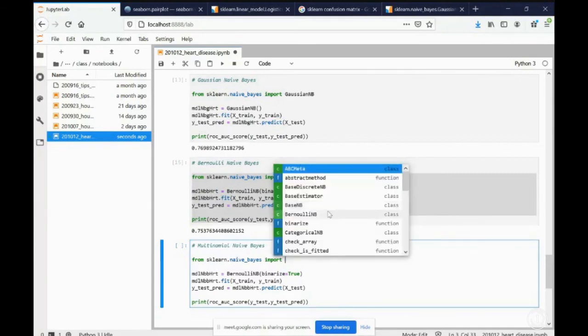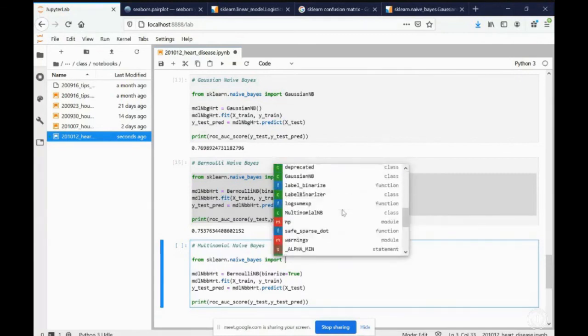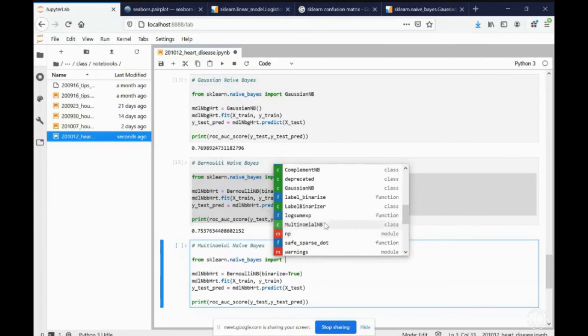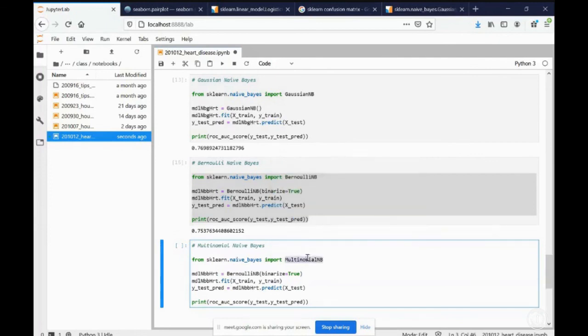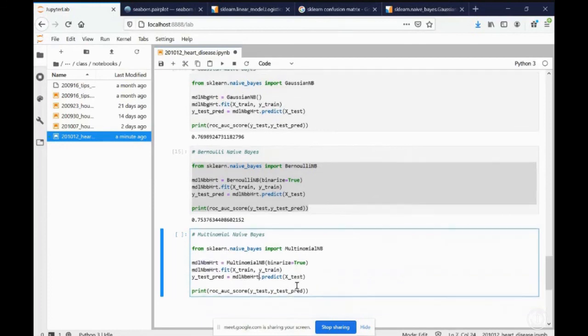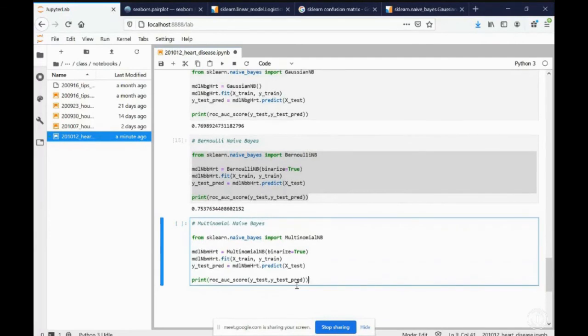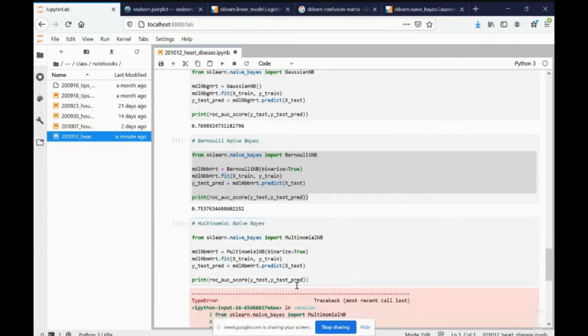Let's look for what is it called? Multinomial naive Bayes, and let's see.